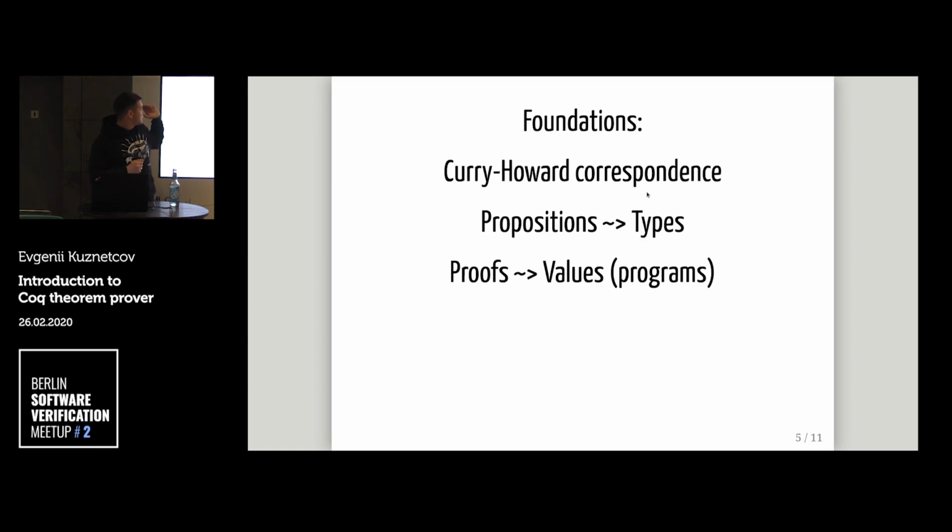This correspondence says that if your programming language is powerful enough, then for each theorem, you can pick a particular type in your programming language. And if you find a value of this type, it means that the value corresponds to a proof in the world of mathematics.